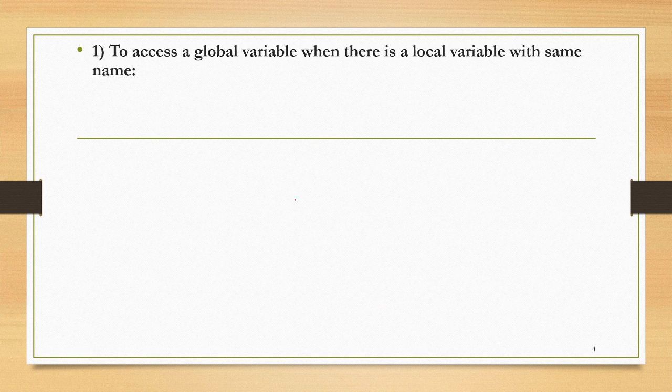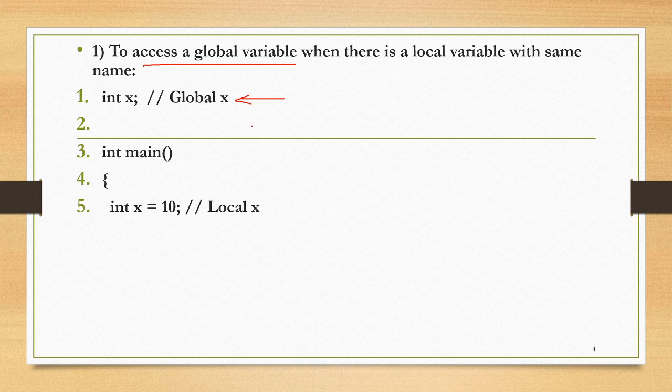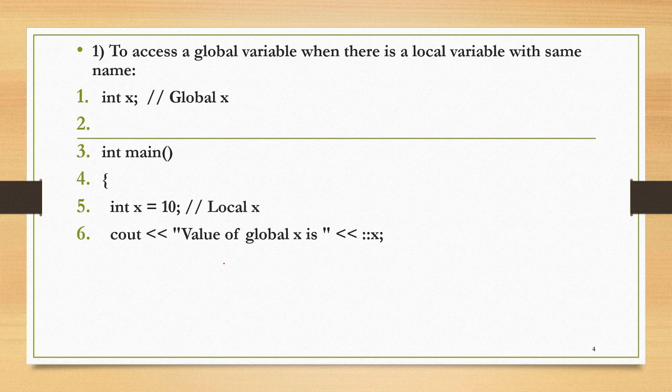First, we are going to see how to access a global variable when there is a local variable with the same name. Suppose this is our global variable x, which is globally declared in our code, and in the main we have a variable x, which has the same name as the global x. Next, I want the value of the global variable x inside the main, and there is a local variable x also.